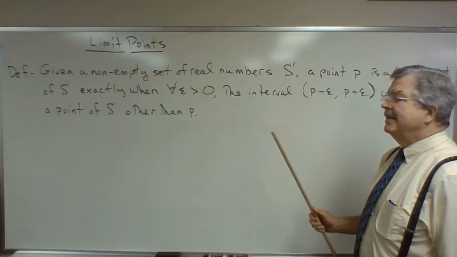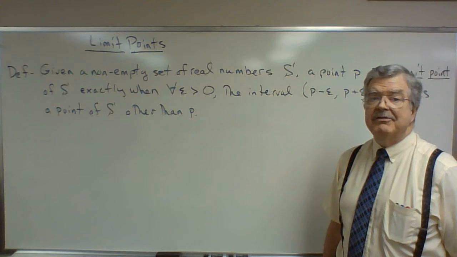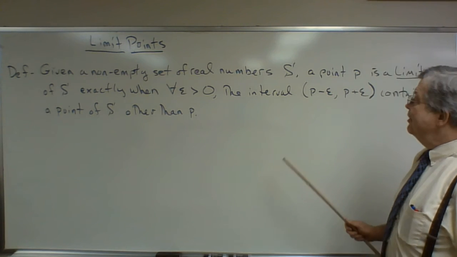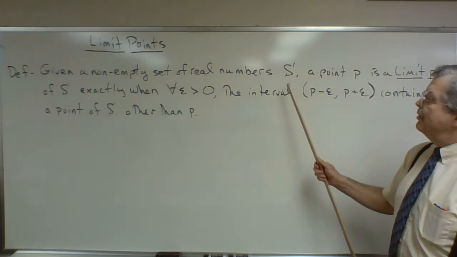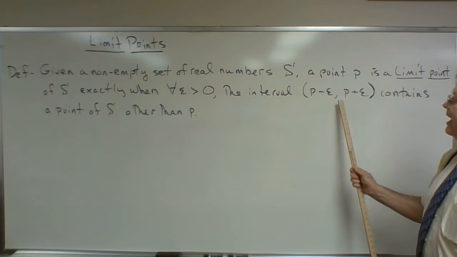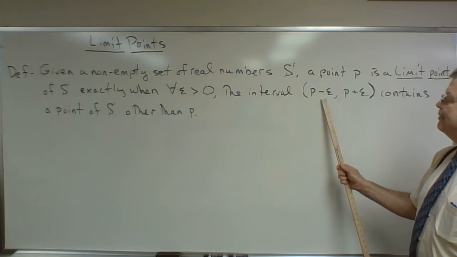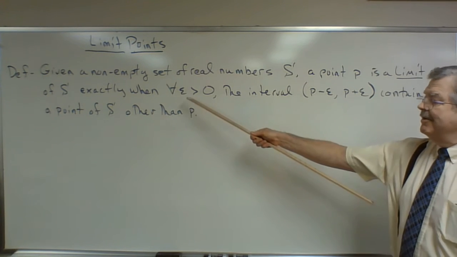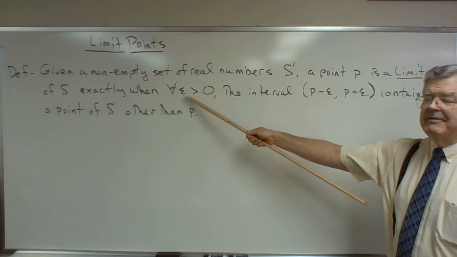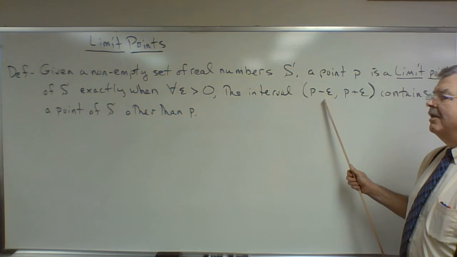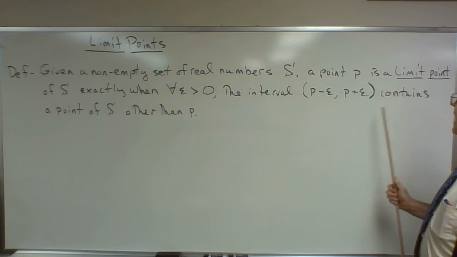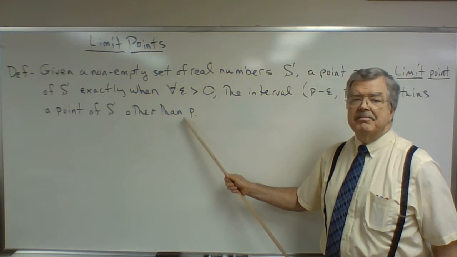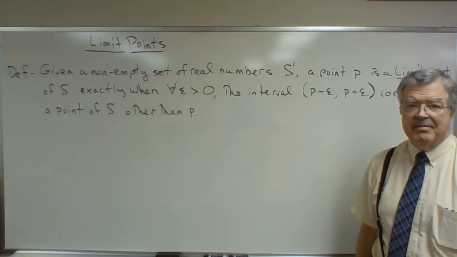Now, P may be an element of S or P may not be an element of S. But in order for P to be a limit point of this set S, every interval of the form (P minus epsilon, P plus epsilon), for all positive values of epsilon, has to contain a point of S other than P itself.